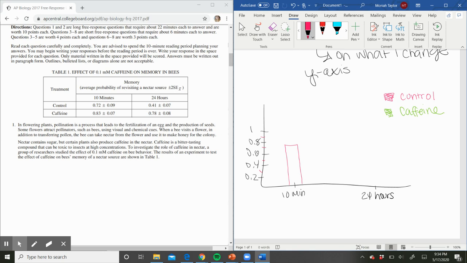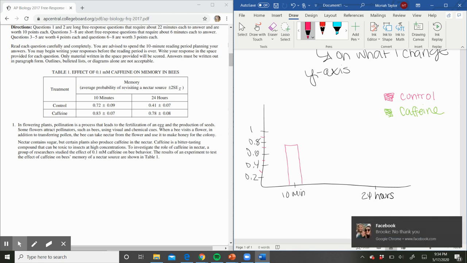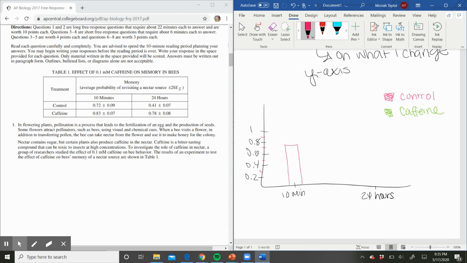If it doesn't say that it's 2 standard errors already, you need to make it 2 standard errors because otherwise it's not as accurate. So if it gives you a standard error, make sure that you multiply it by 2, and then you're going to be good to go. So it says it's already plus or minus 2 standard errors, so we don't have an issue with that. So 0.09 is the 2 standard errors. So I'm going to go down 0.09 and then also up 0.09.